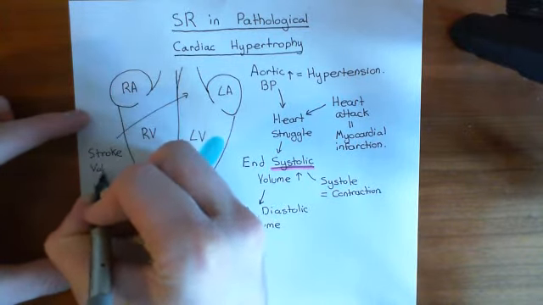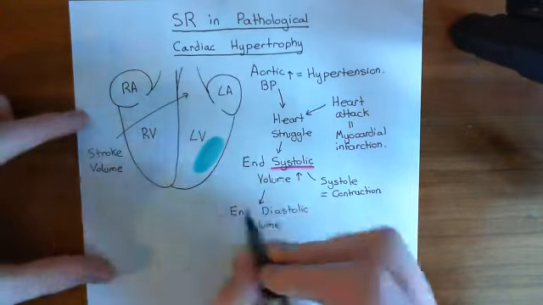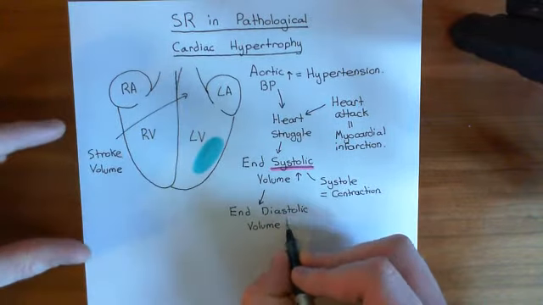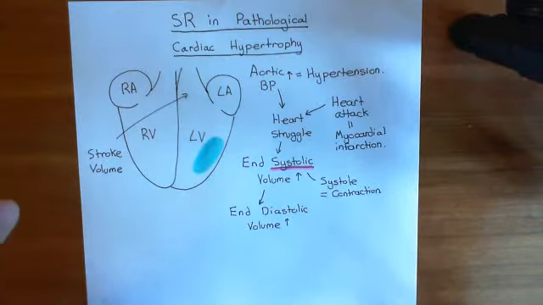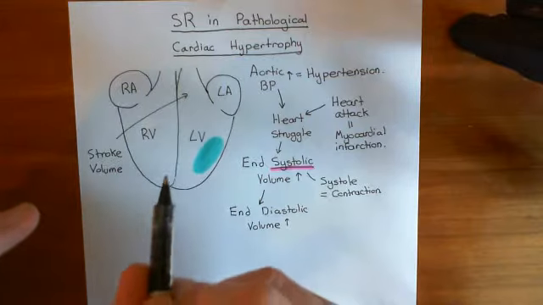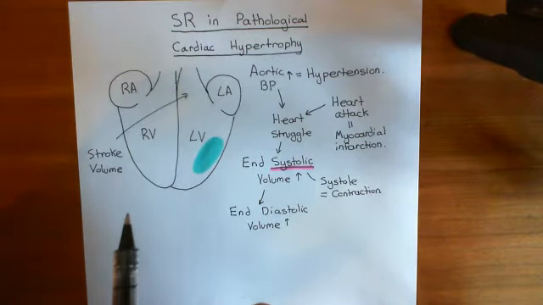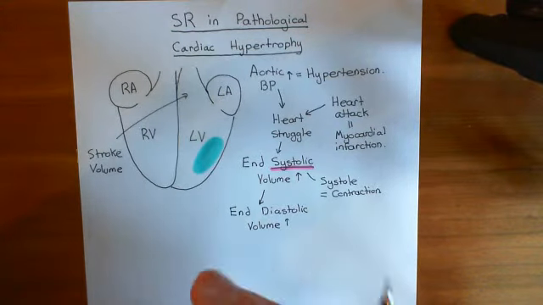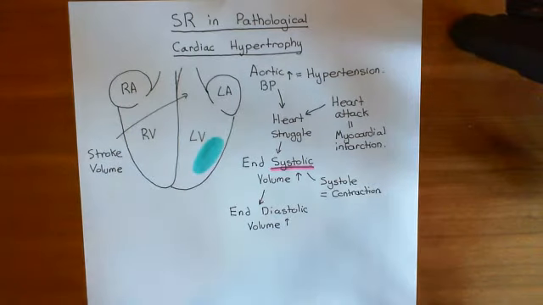Okay, now if the end diastolic volume is going up, then the stretch on the wall of the heart is going up, and that means that the stress on the heart wall is going to go up. So stress is just how much force the heart wall is feeling per unit area, basically.